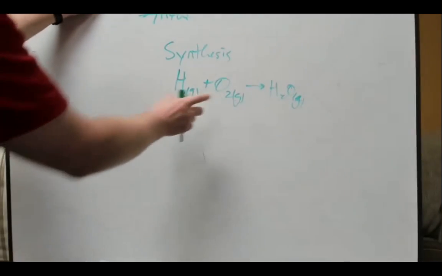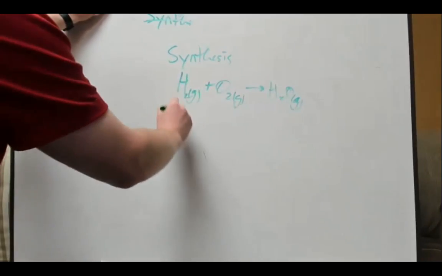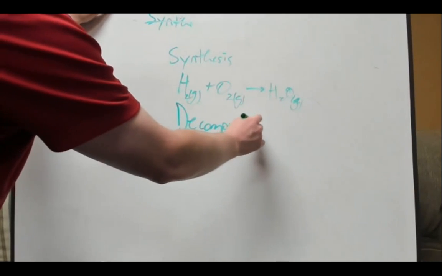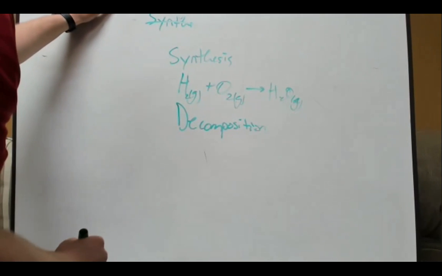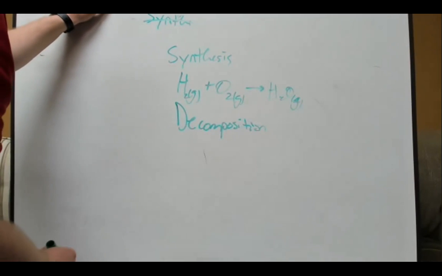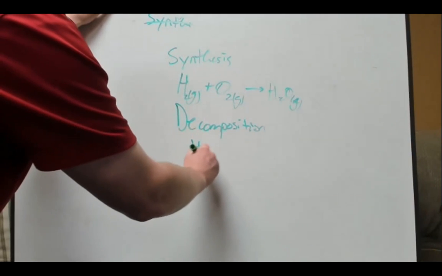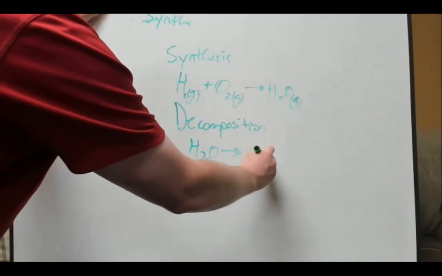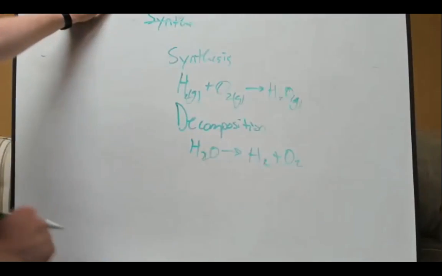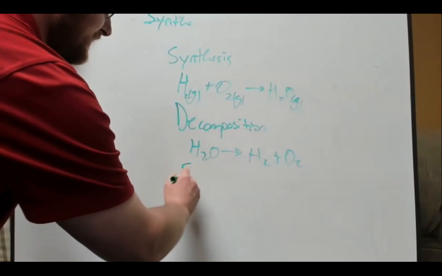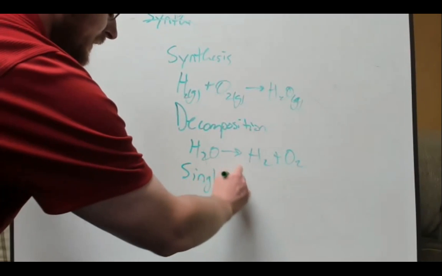You take 2 elements and combine them. Then you have decomposition, where you do that in reverse: you take a compound and turn it into its elements.